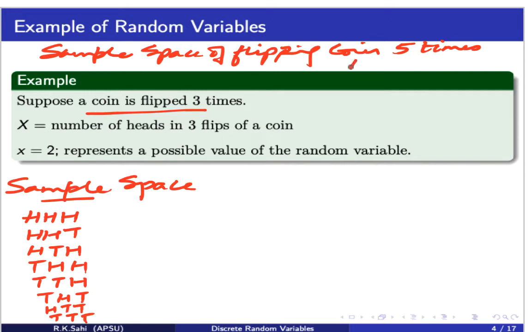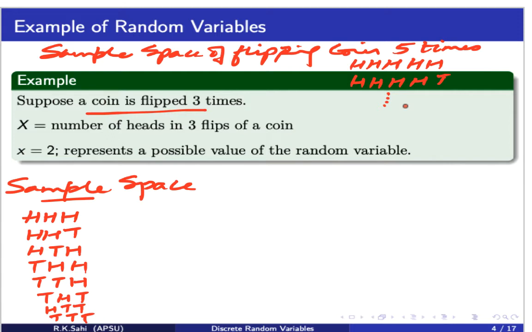Suppose the coin is flipped 5 times. One possibility could be head, head, head, head, tail. Now there are going to be 32 possibilities, I can tell you that here.